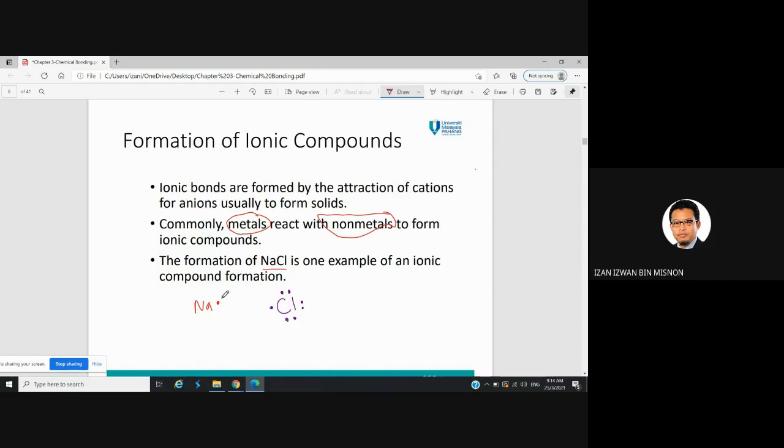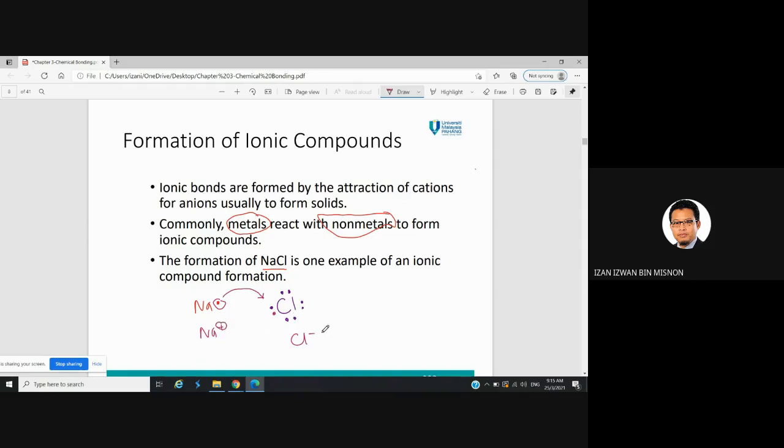In this case, sodium tends to lose an electron to form Na+, in which this is the octet, 1 electron from the valence shell having been eliminated. And chlorine will accept the electron from sodium to complete the octet of 8 electrons. So chlorine will be negatively charged.